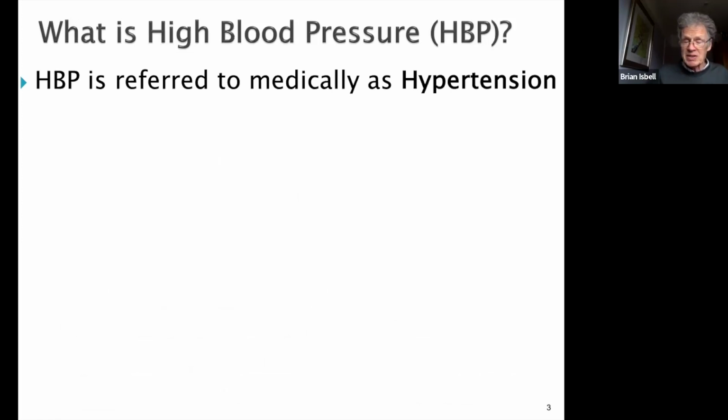And as much as there can be hypertension, there can be low pressure, which is called hypotension. These are words we use in medicine a lot, hyper being high, and in this case, high blood pressure. So medically it's referred to as hypertension, but a simpler term for understanding what's going on is high blood pressure.